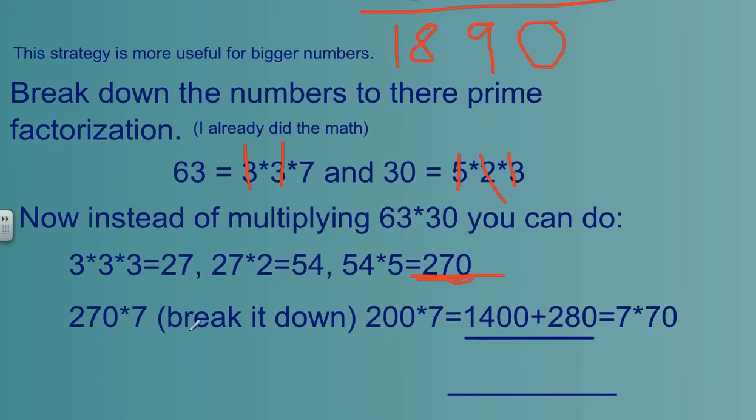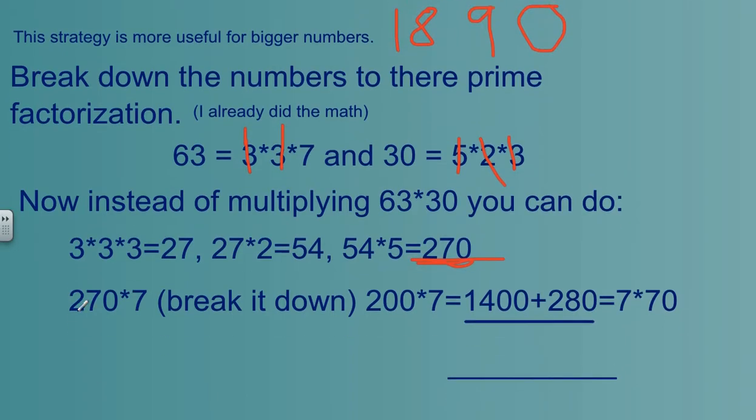Woo! 270 times 7, all you have to do is break it down. 200 times 7, or 2 times 7, then put 2 zeros at the end: 1,400. 7 times 70 would be 490, because 7 times 7 is 49, and add a 0.